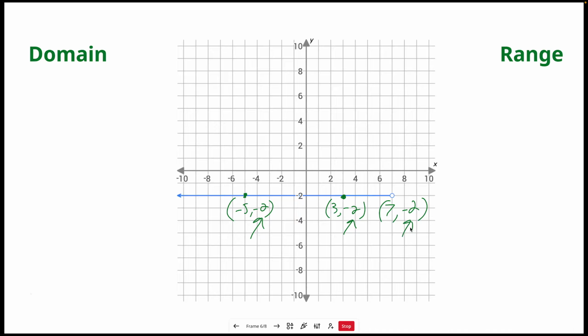Our y values are always -2. So for the range here, we say that y equals -2. And for the domain, we start from our number. That would be 7. And are we going to the left or the right? Well, we're going left, so our numbers are getting smaller. So x has to be smaller than 7.